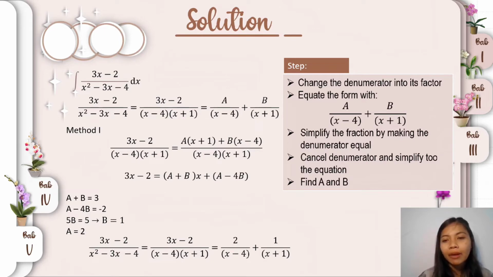And then simplify the fraction by making the denominators equal. 3x minus 2 over (x minus 4)(x plus 1) is equal to a(x plus 1) plus b(x minus 4) over (x minus 4)(x plus 1).